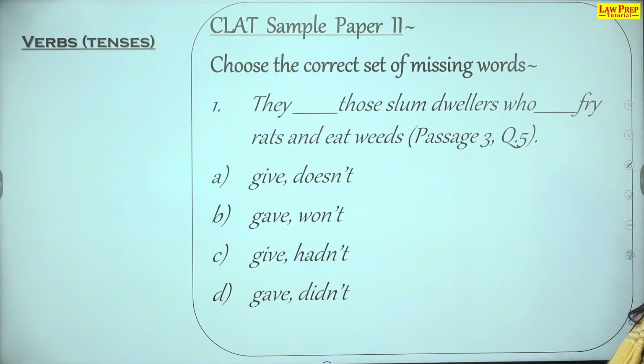First, choose your answer. This is taken from the CLAT paper only. Come on.